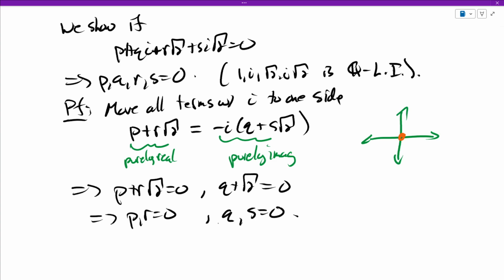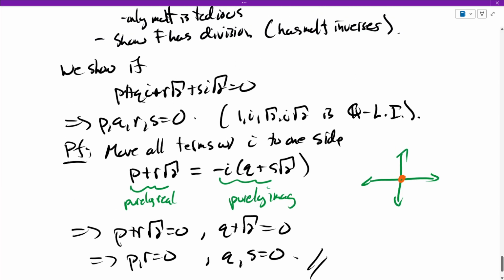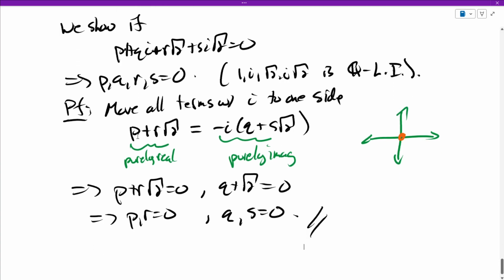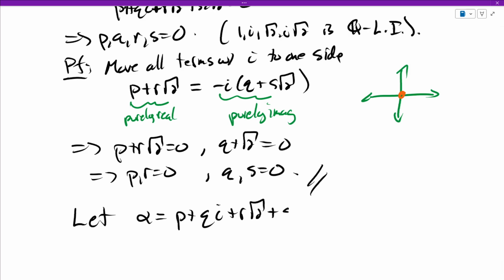And that's what we wanted to show. So that's the first step. If we have a non-zero number that looks like this, it must be that one of the coefficients is non-zero. Great. So let alpha, I'm going to use some of the book's notation here, be a non-zero expression in our proposed field.